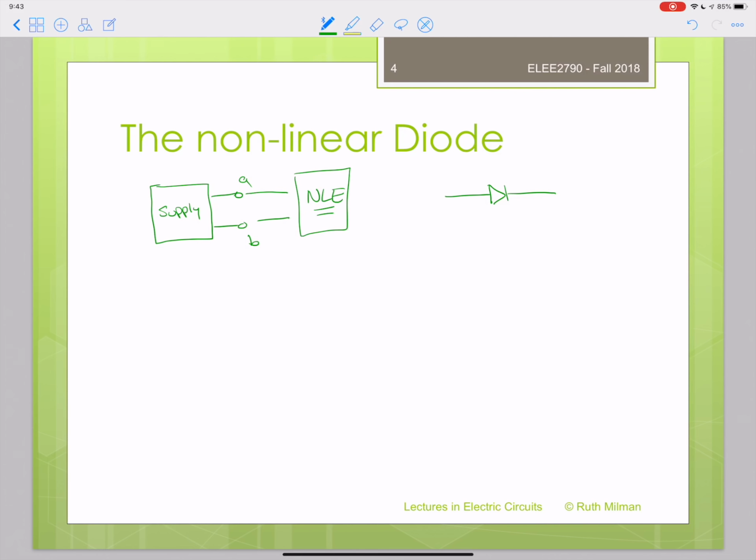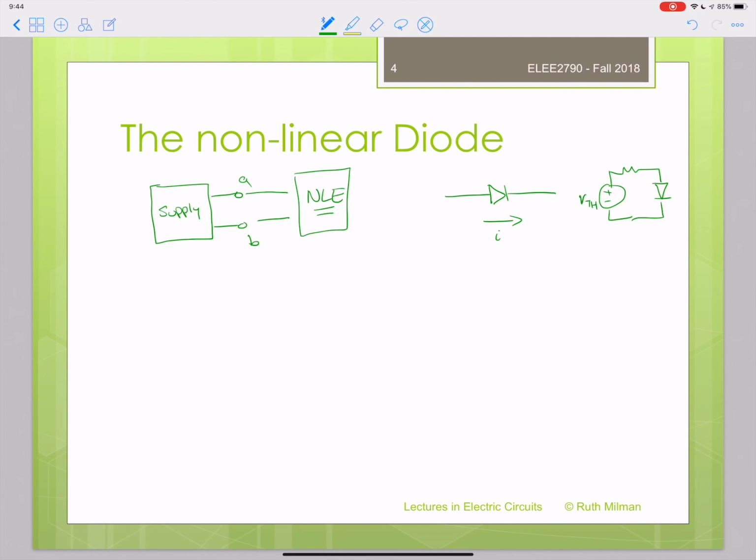The symbol for a diode is a triangle with a line over it, and notice that with a diode drawn in this way, you have a current that goes essentially in the direction of the arrow. When you attach that into the circuit, you want to understand what happens. So you're putting it into your basic Thevenin circuit, putting in your diode, and seeing where things go.